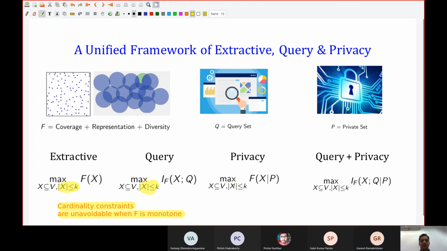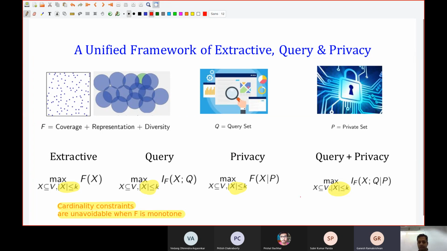What can privacy do? Imagine that I have my face information, or I want to search for cars without people because I don't want to reveal the identity of people who are driving cars.